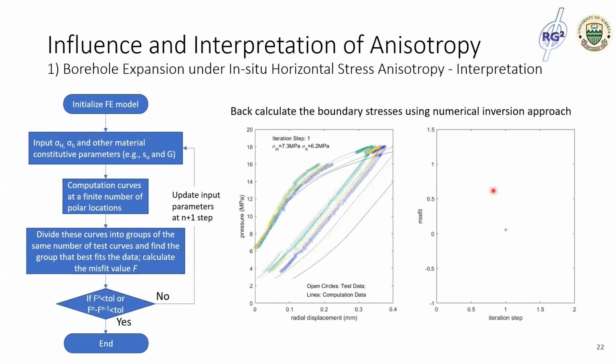I would rephrase the question: does the interpreted sigma maximum H and sigma minimum h agree with the interpretation from a test by self-boring pressure meter? The short answer is no, because we didn't do any self-boring pressure meter test in that borehole.